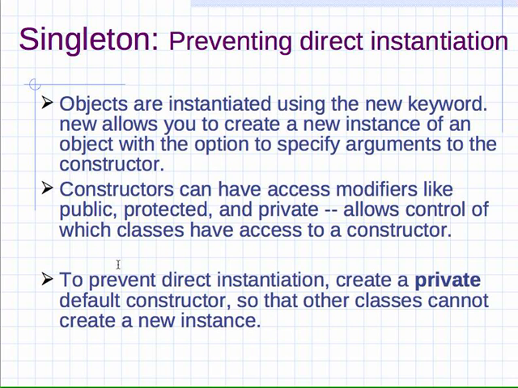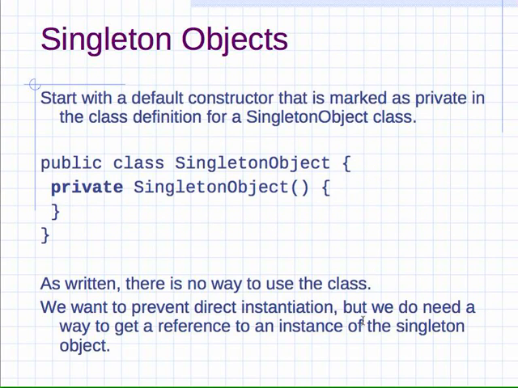To prevent direct instantiation, you create a private default constructor so that other classes cannot create a new instance. So by making a constructor private, you're making sure that other client classes cannot call the constructor. So you're controlling access to the constructor.